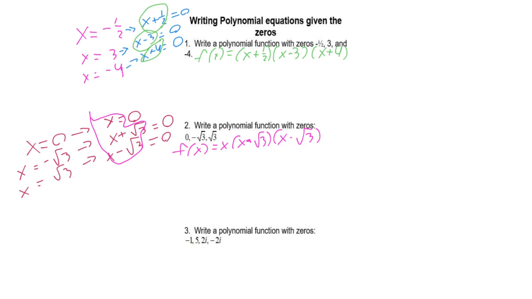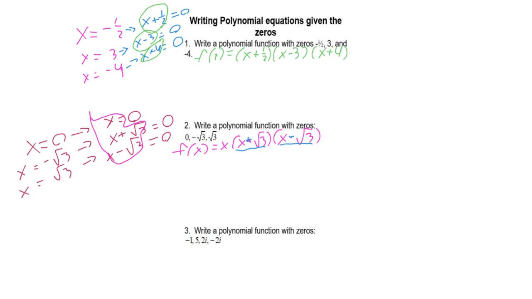So we're going to multiply our x plus square root of 3 with our x minus square root of 3. If you recall, we have two binomials that are the same values except different operators. So this one being a plus, this one being a minus, the middle terms when we FOIL are going to cancel out.